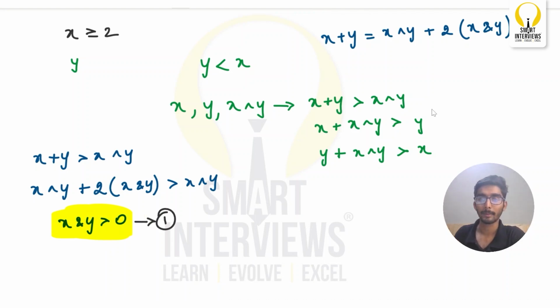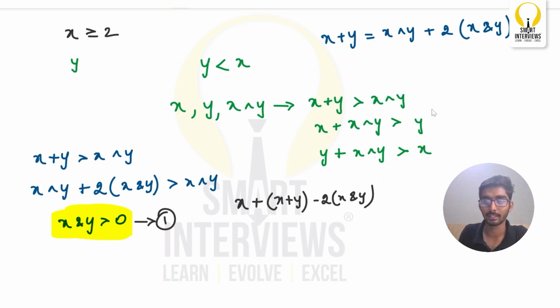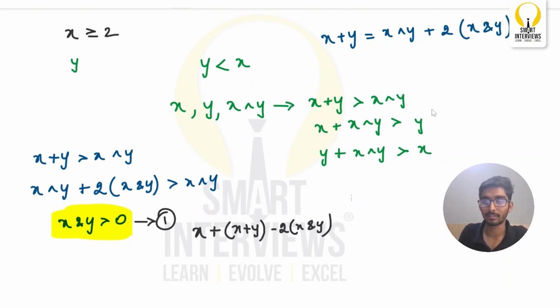From this, let's use the same idea and try to get the second one. Let this x XOR y be x plus y minus 2 times x AND y, and x plus that has to be greater than y.